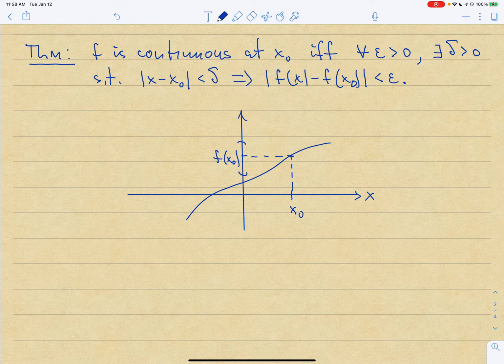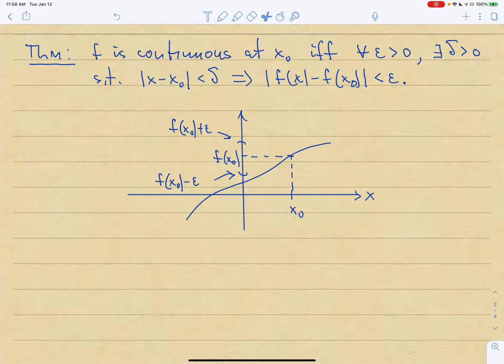So the top point is going to be f of x0 plus epsilon, and the bottom point is f of x0 minus epsilon, right?